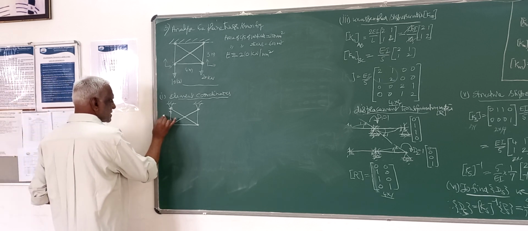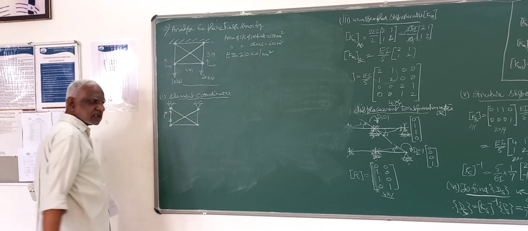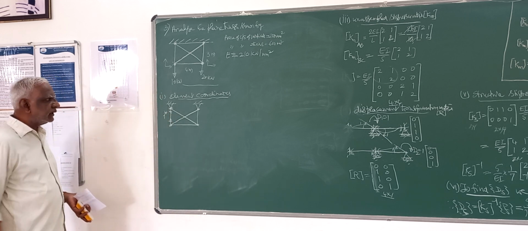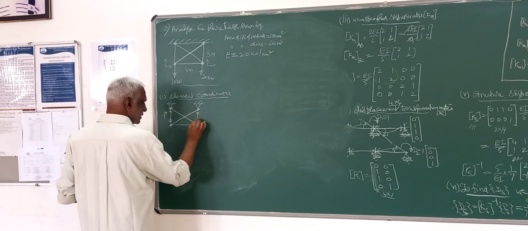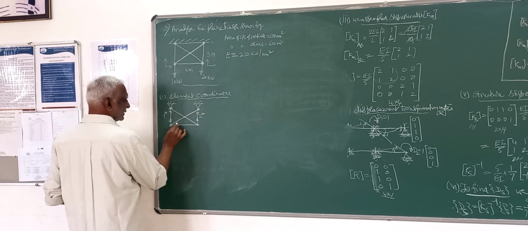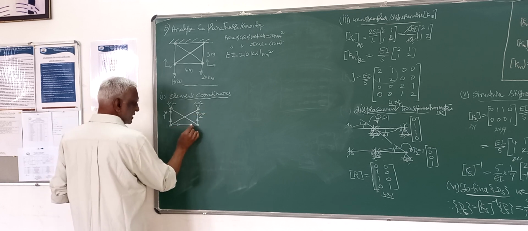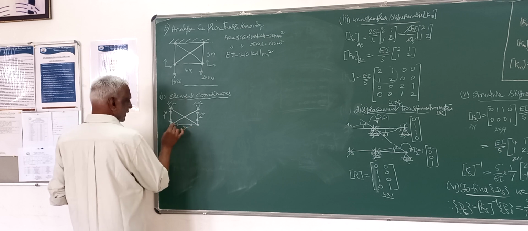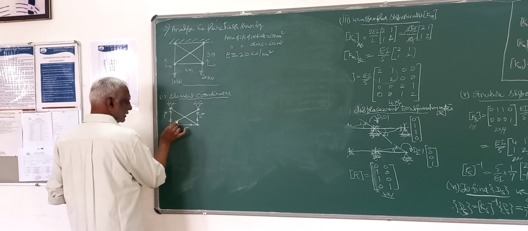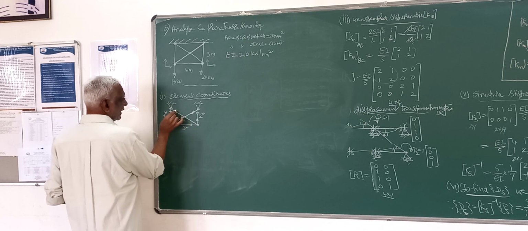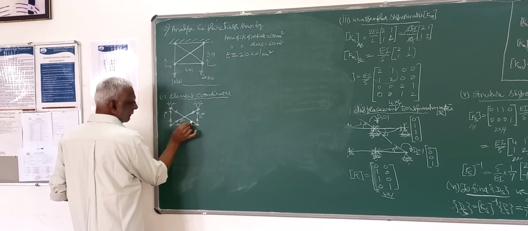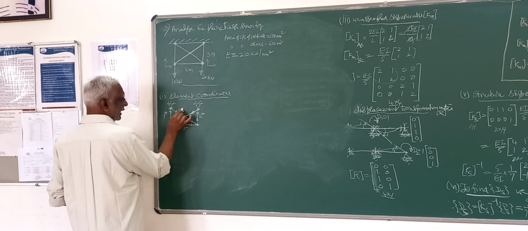This as the first member, that is the first member force to be determined, that is member 1, and member 2 force, that is again tension, that is the second member force. Then the third member force is this horizontal member. Then the fourth member force, that is this inclined member, that's again tension, and the fifth inclined member force, which is again an inclined member.